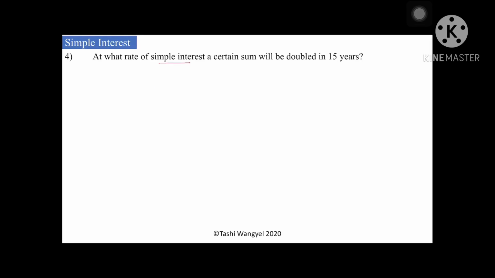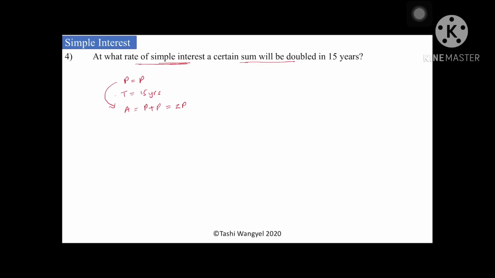The initial principal is P, and after 15 years the sum will be doubled, so the amount is double P, that means P plus P, so 2P.